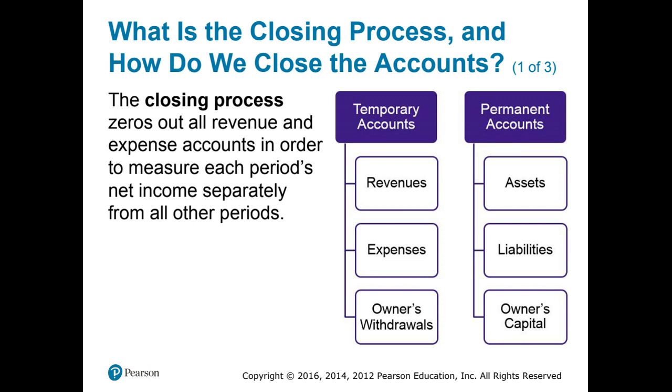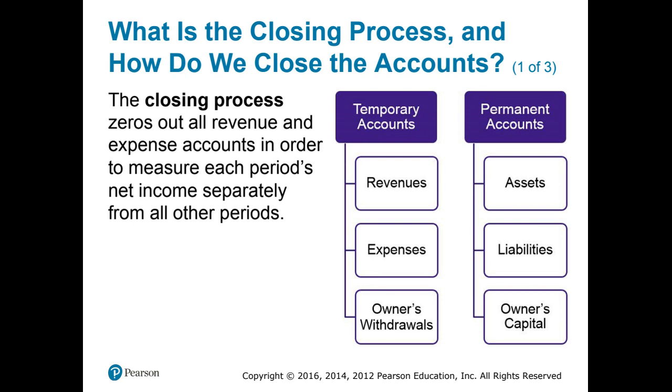We're closing our books. We have different types of accounts. So different accounts fall into either a temporary account category or a permanent account category. A temporary account is an account that we're going to close out and start over.